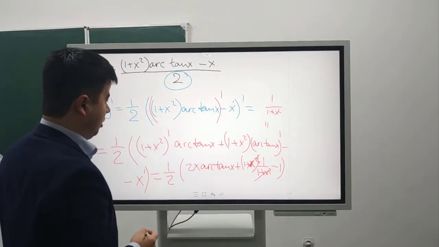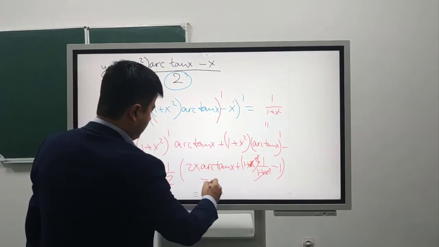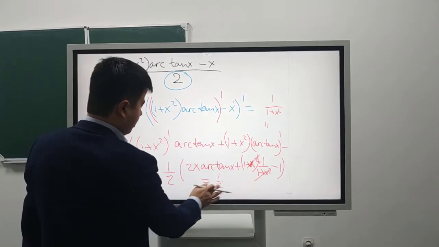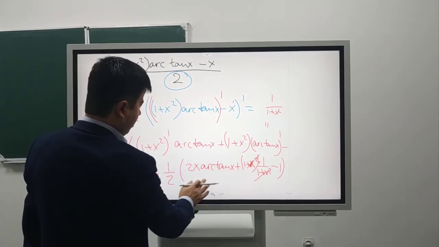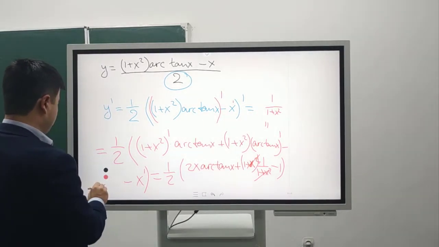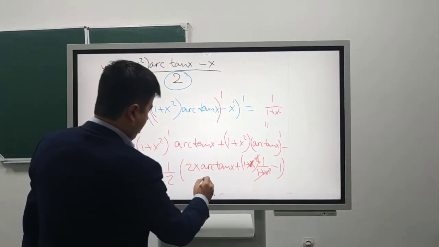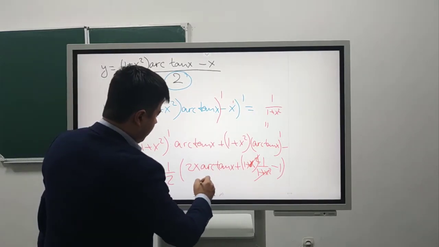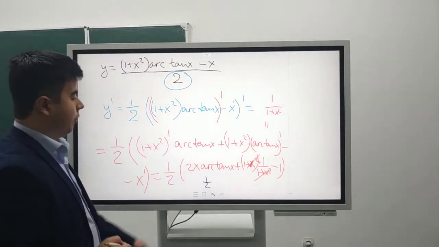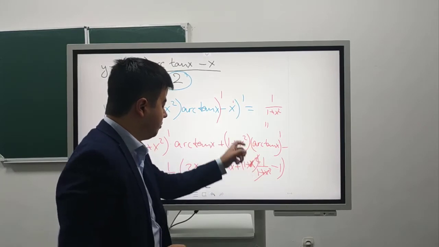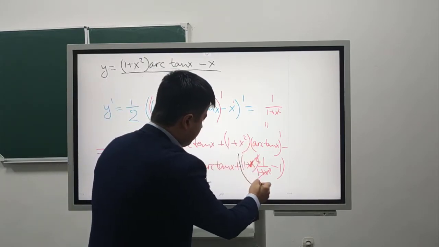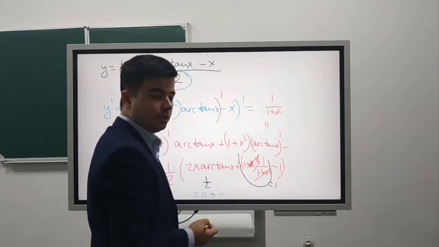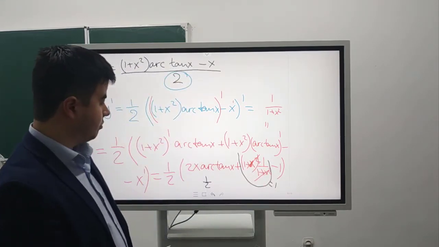So the answer is 1 over 2, 1 over 2, here we have 2, and of course here we have 1 from this one. 1 minus 1 is 0.